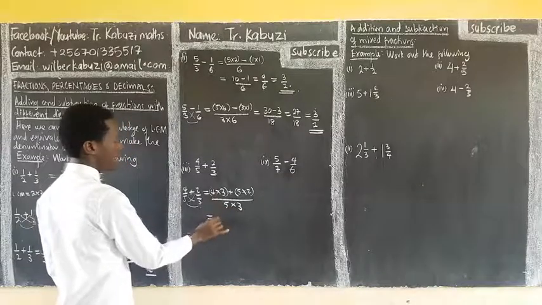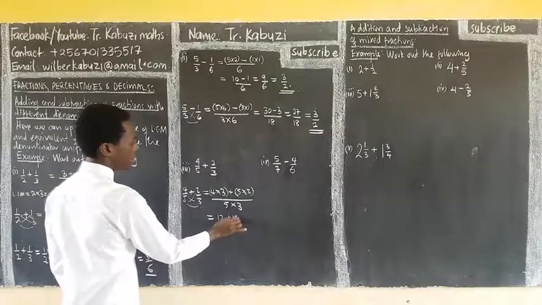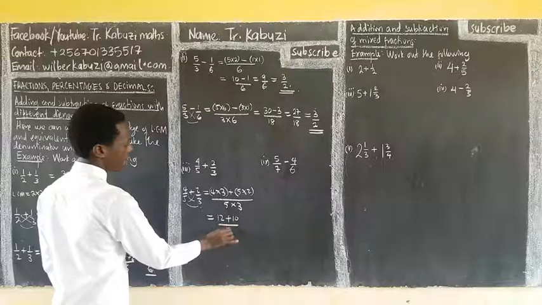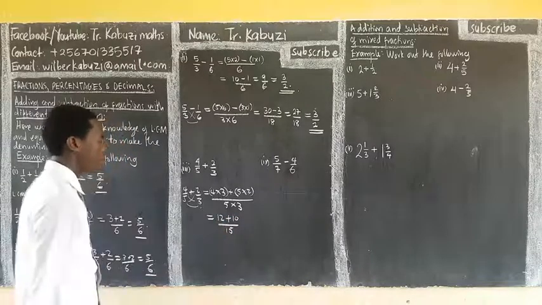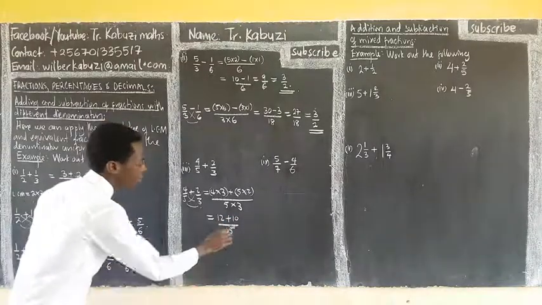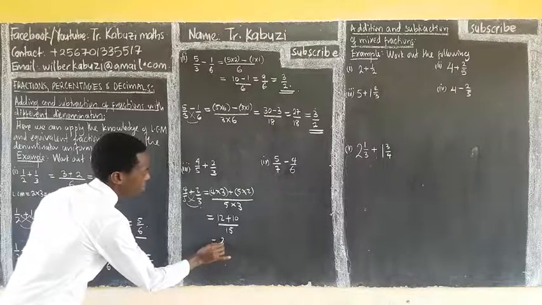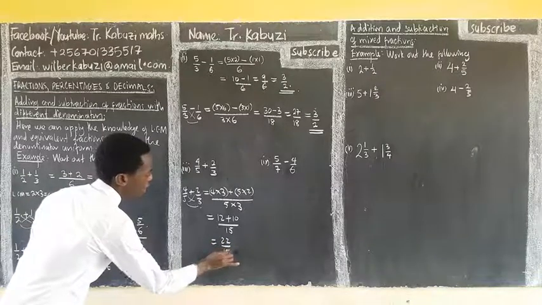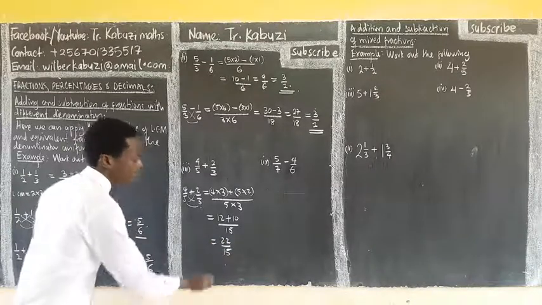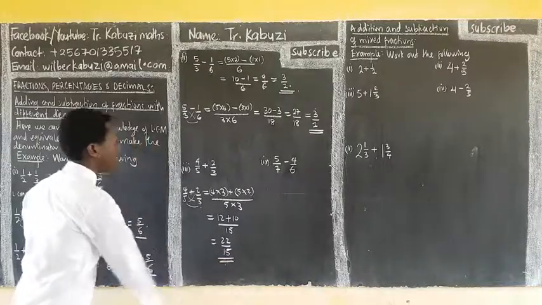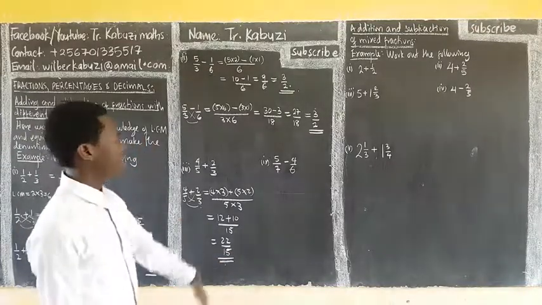It's going to be 12 plus 10, the whole over 15. We add 12 plus 10, we get 22 over 15. Is there a number which can divide both? It's not there. Then you stop at that.